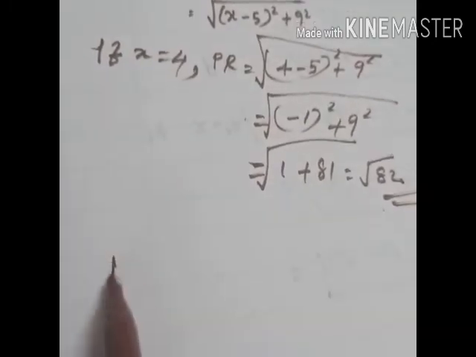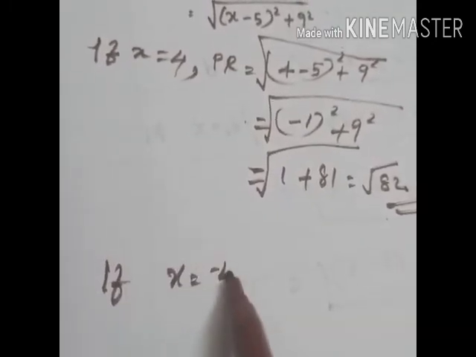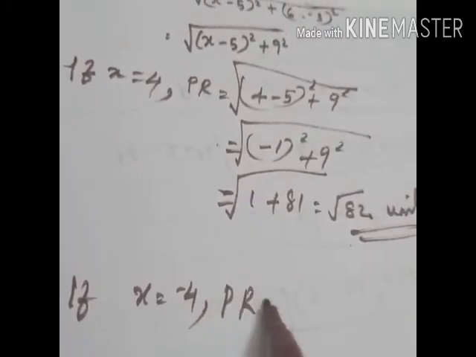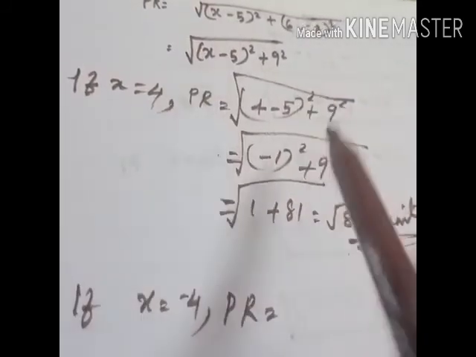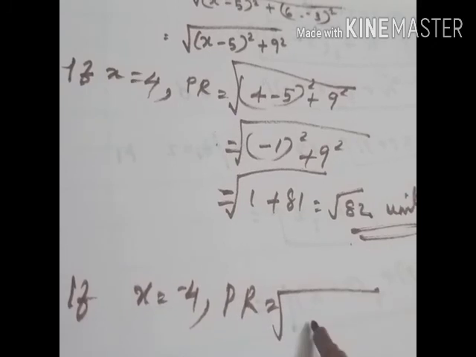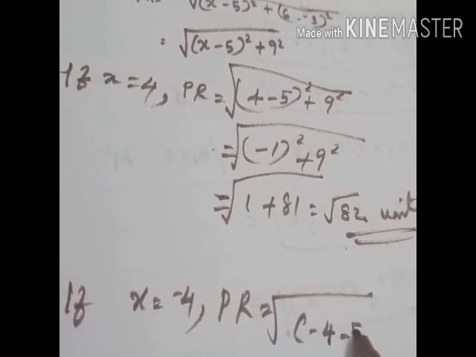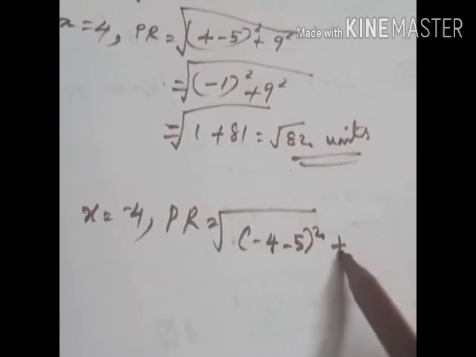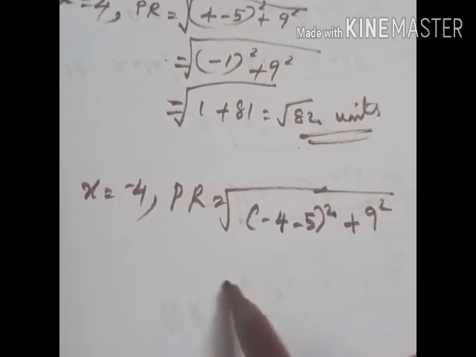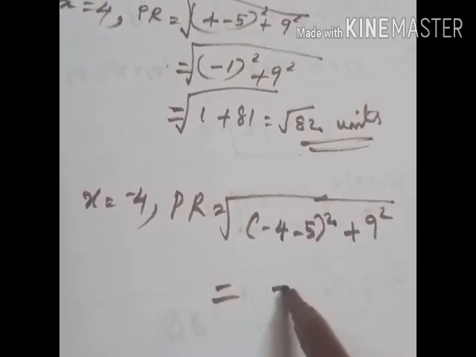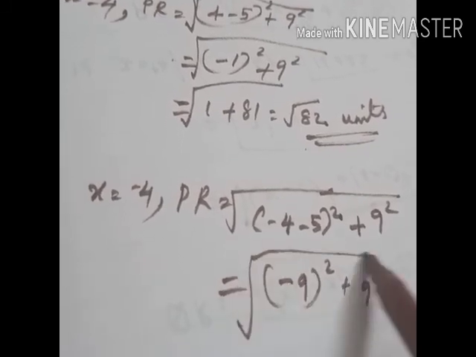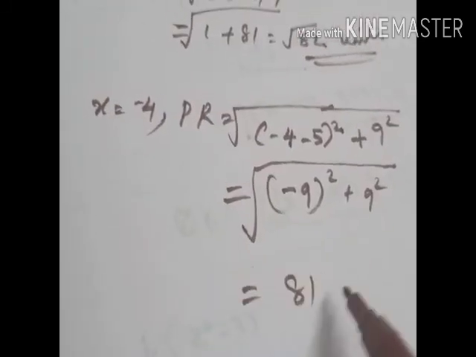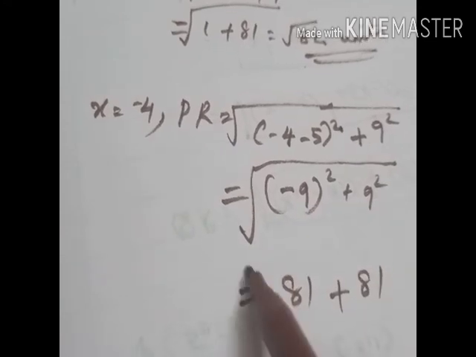Then we give the value of x as negative 4. Then PR equals the square root of (negative 4 minus 5) whole square plus 9 square. Negative 4 minus 5 means negative 9 square, which is positive 81, and 9 square is also 81.